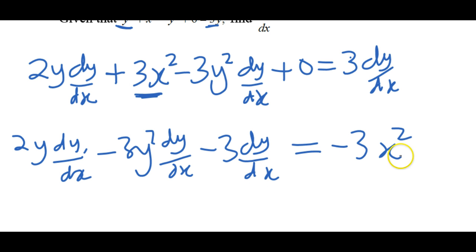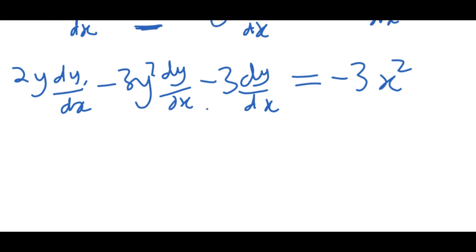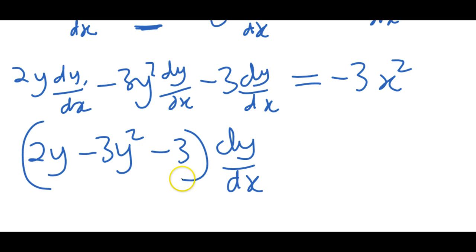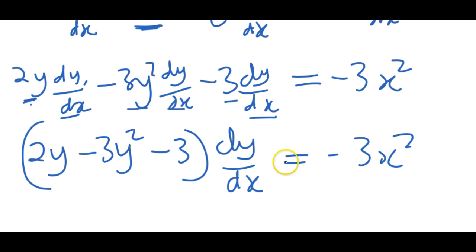Okay, so when I factor dy dx from this set, I have 2y minus 3y squared minus 3, all times dy dx. Can you see that? If I factor this out, I'll be left with 3y squared here and 3. So that's what I have. All is equal to negative 3x squared.